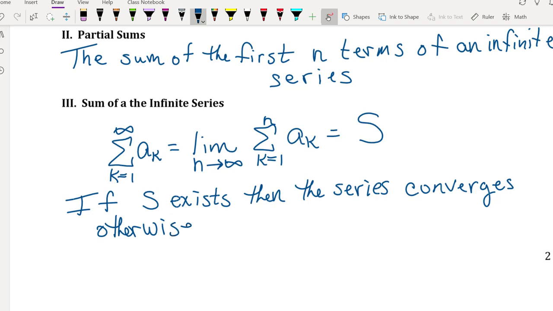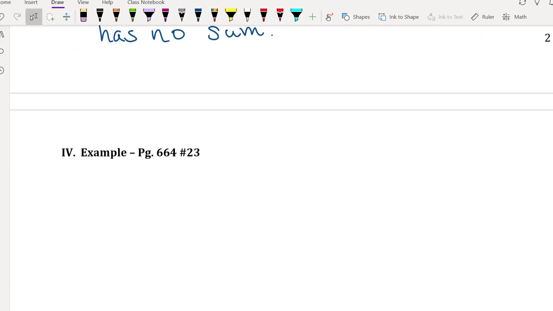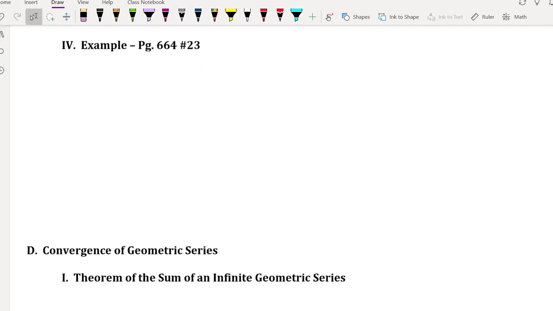Otherwise, the series diverges and has no sum. Okay, so that's what we're going to work with: the idea that hopefully our series will converge and will have a sum.